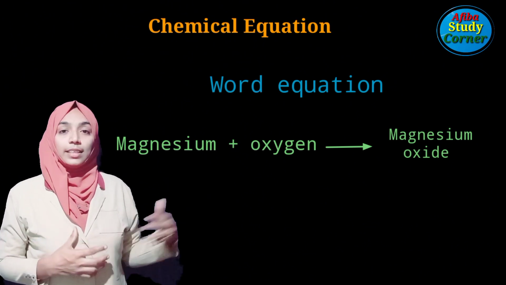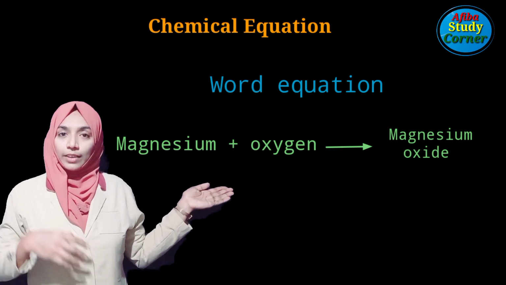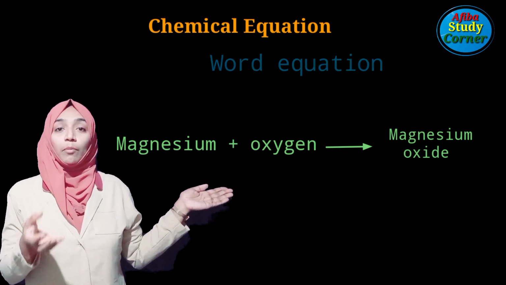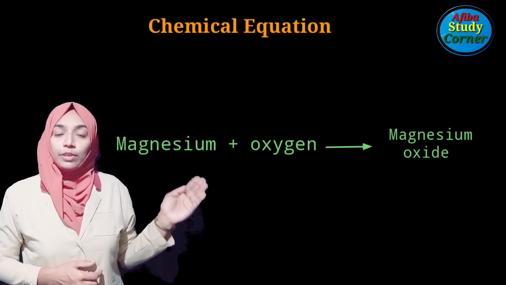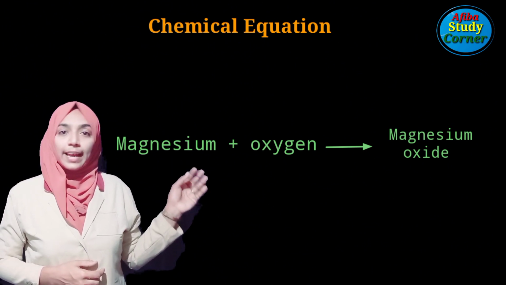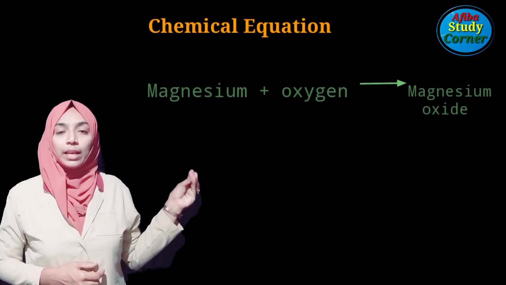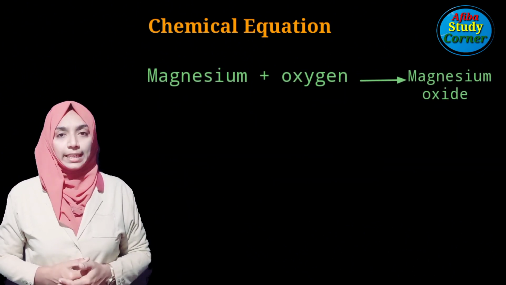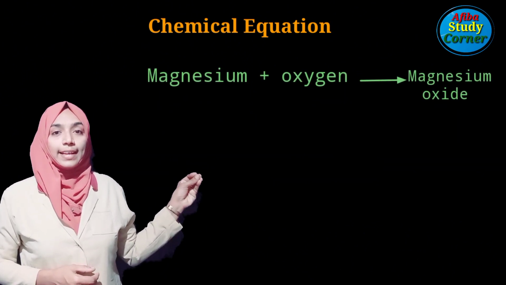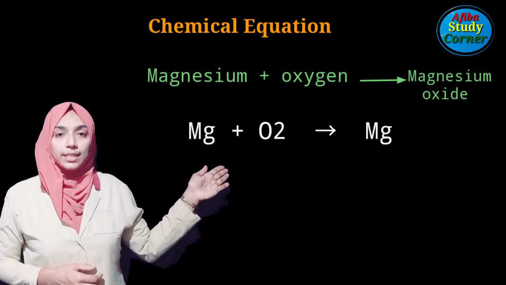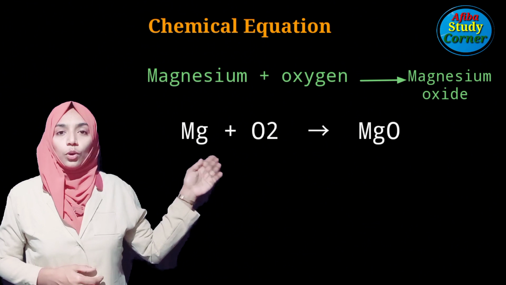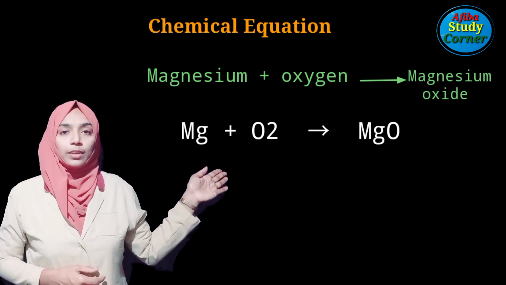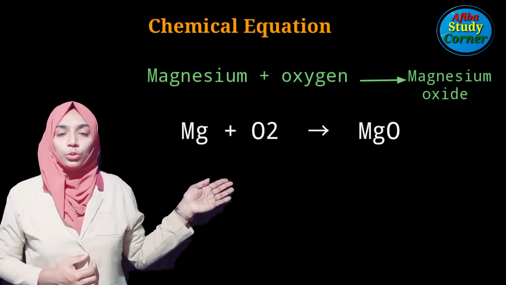Then this word equation we again shorten into symbols and formulas. For example, we know magnesium is represented as Mg. Mg is the chemical formula of magnesium. So we write Mg plus oxygen written as O2. Why do we write O2?